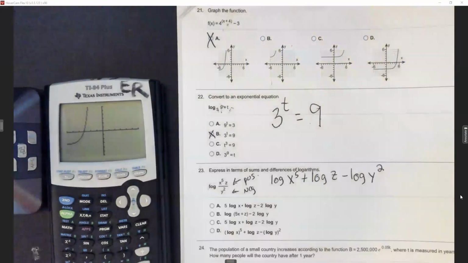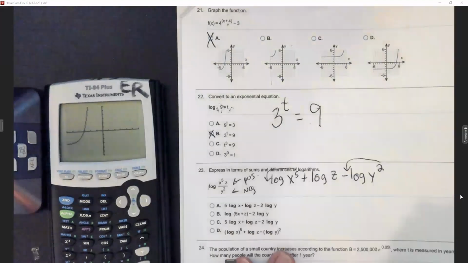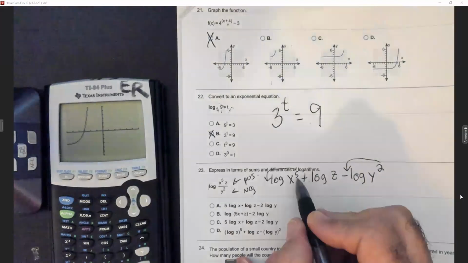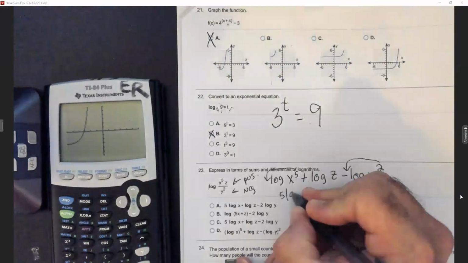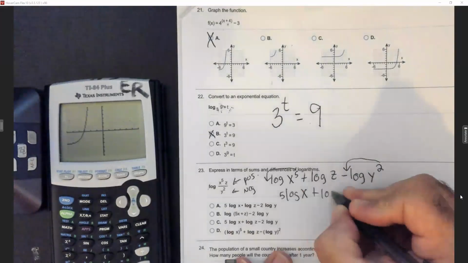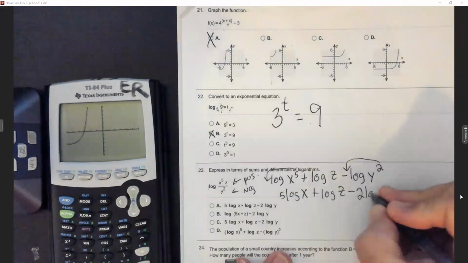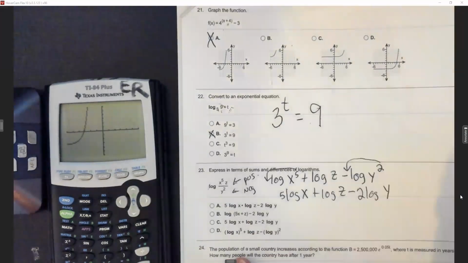But y'all remember, I'm not done because these exponents have to come down to the front of each of their logs. So my final answer would be 5 log x plus log z. This one didn't have an exponent to worry about. This one will be minus 2 log y. So let's see.